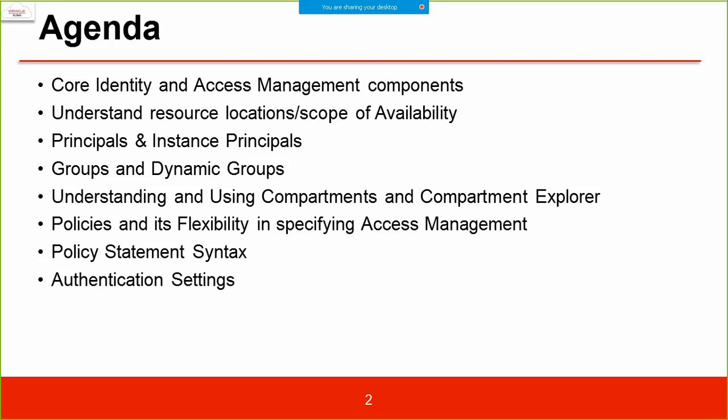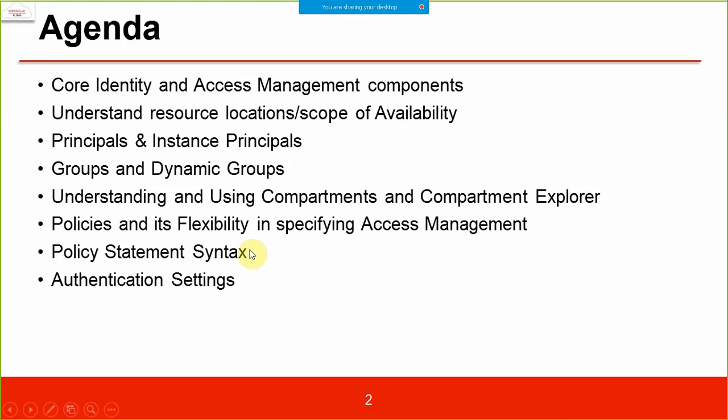Now you see here, these terms will not be unknown to you now. That was the objective of that demonstration. We saw compartment, and connecting it with the topic is the objective of that demonstration. Policies, now you see where the policy was, and its flexibility in specifying access management. Policy statement syntax, that was not there, so you will see it here.